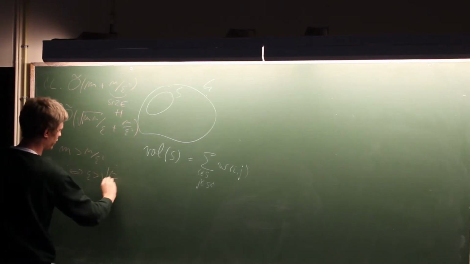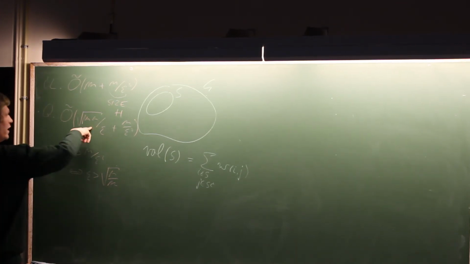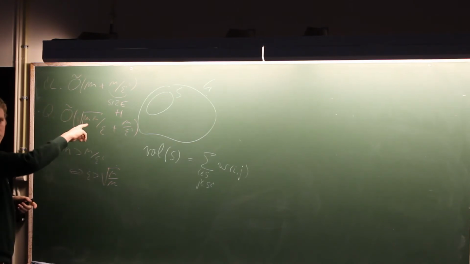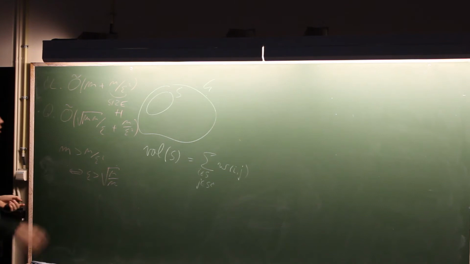Basically, epsilon should be larger than square root of n over m for sparsification to be useful. And so if you plug this in here, then you get m, basically. So what you get is that for the useful regime, this always improves on the classical algorithm.